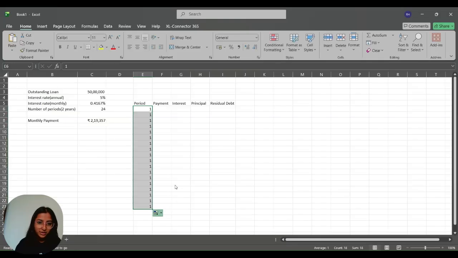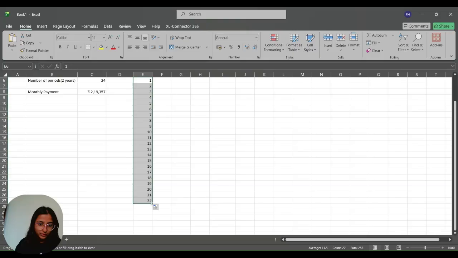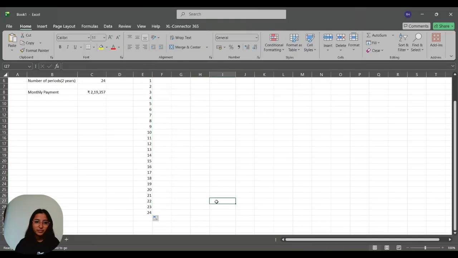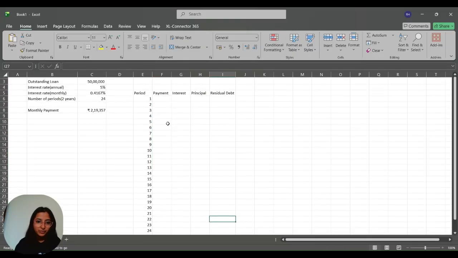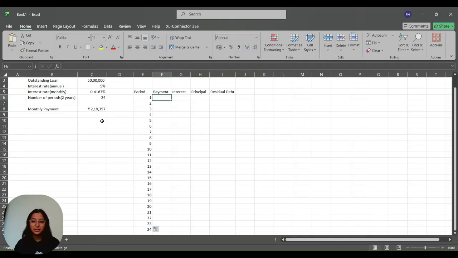Here we'll choose fill series, up to 22, 23, and 24. Okay. Now, what is the payment? What is the monthly payment we have to add here? The monthly payment is 2,19,357 rupees.